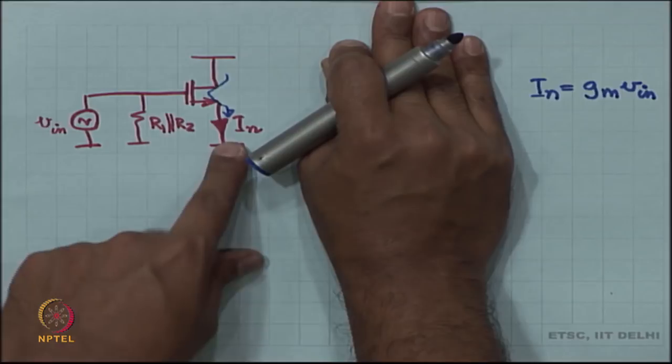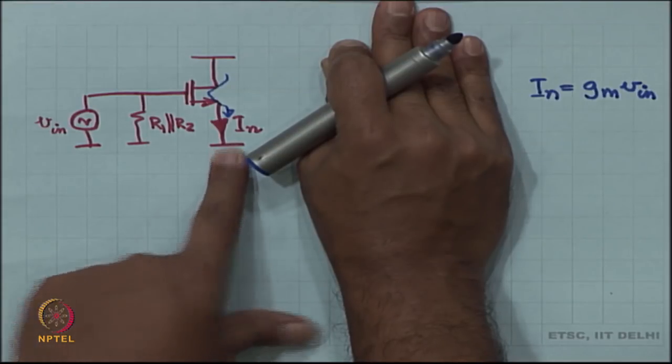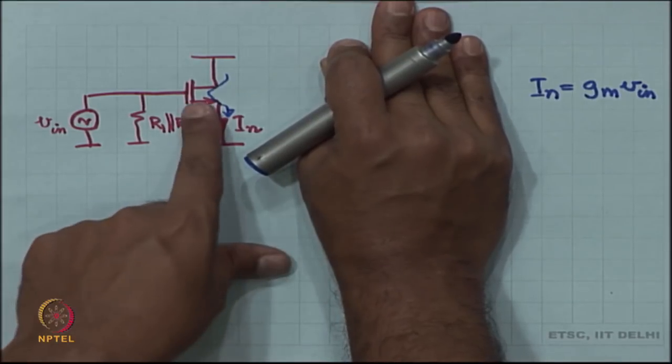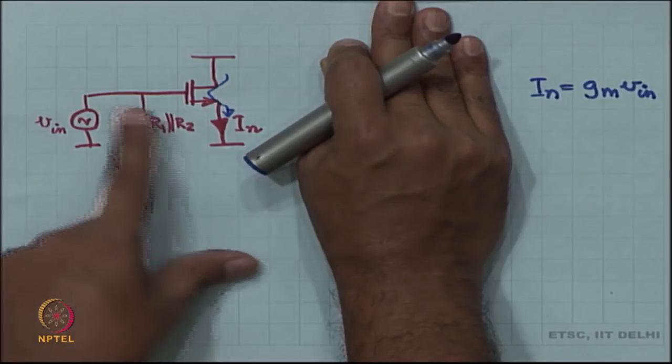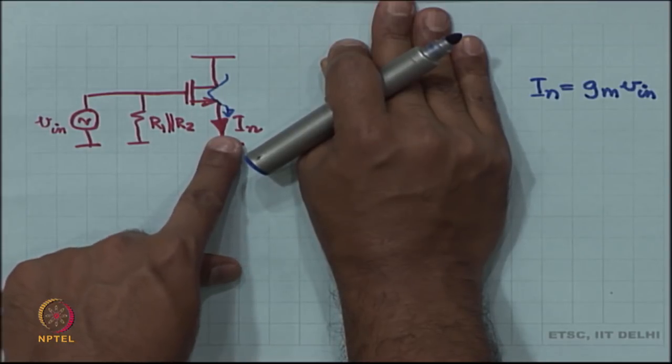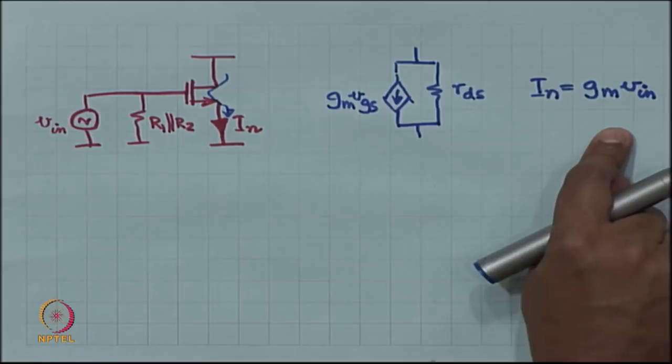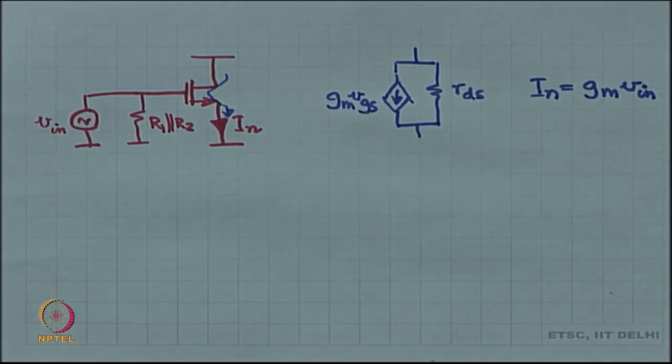RDS has both sides connected to 0 volts, so RDS does not matter. All that matters is GM VGS, and VGS happens to be equal to V in. So, IN is nothing but GM times V in. And we have found out the Norton equivalent current already.